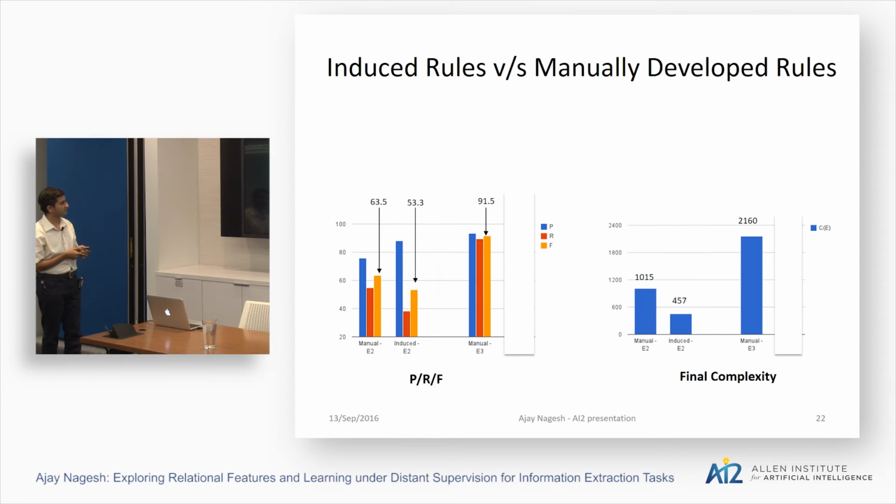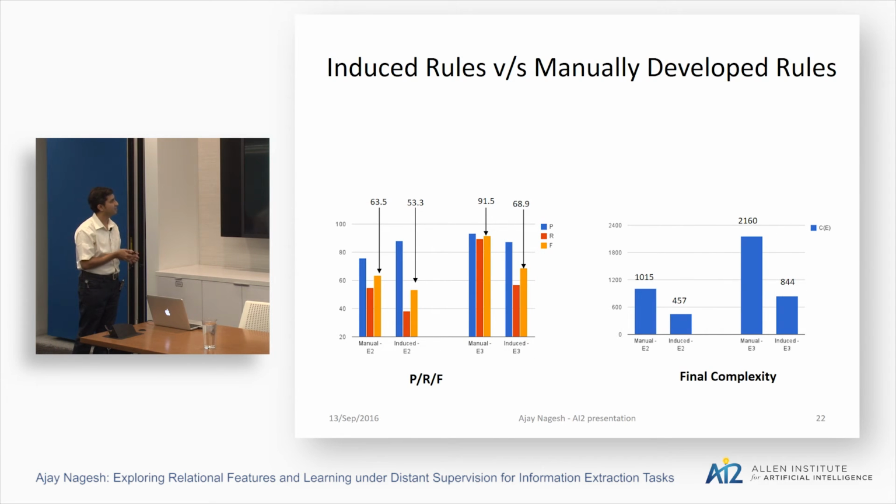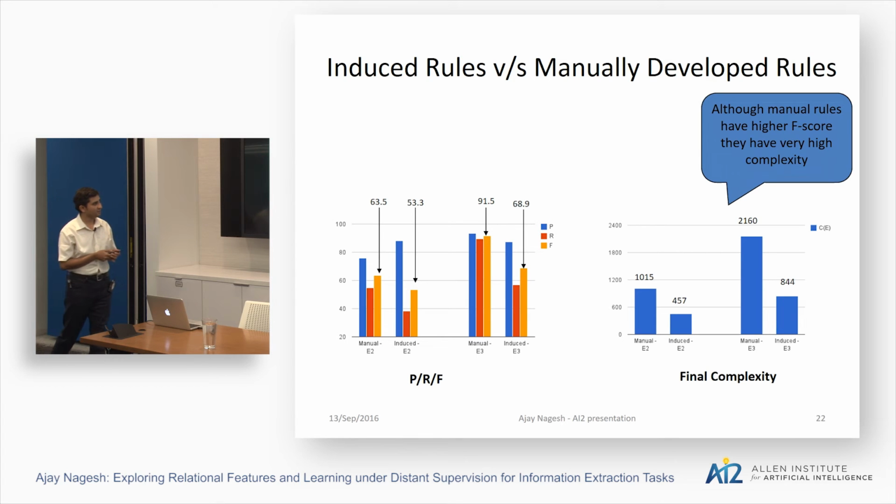Our systems have around 70% of the max F score. But if you look at the complexity of the final rules, we ran exactly the same procedure to compute the complexity, and we see that the complexity is reduced by half.